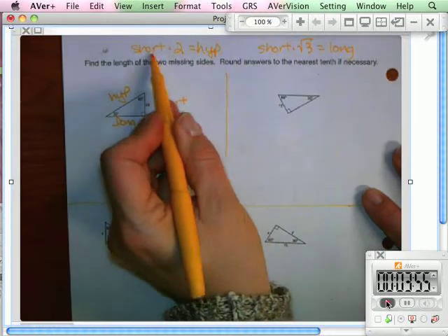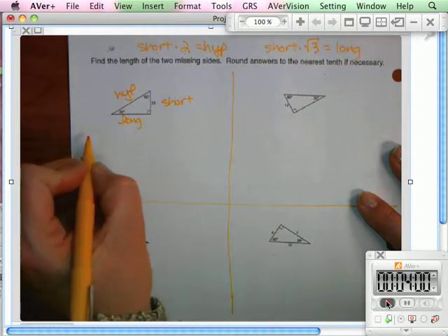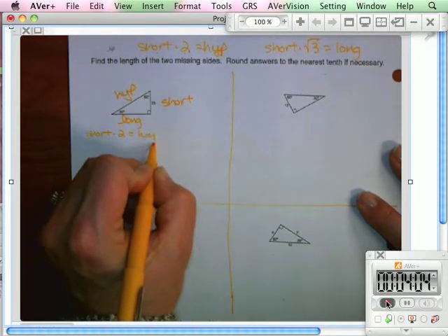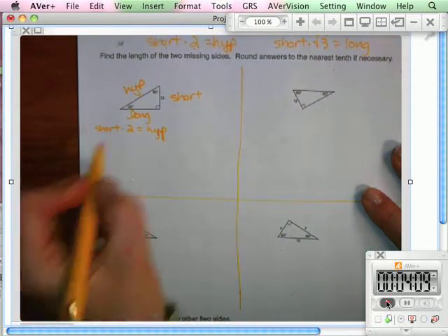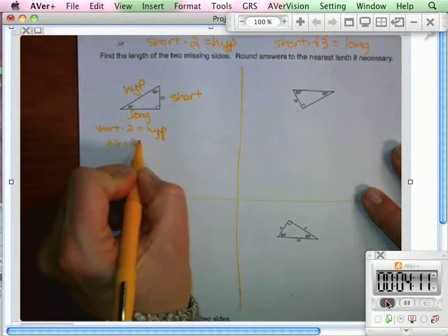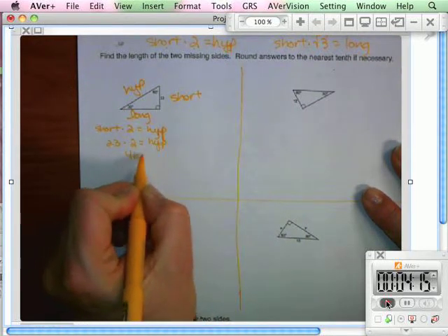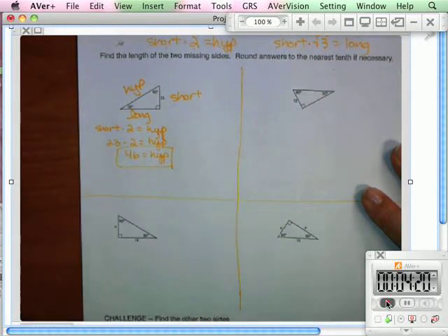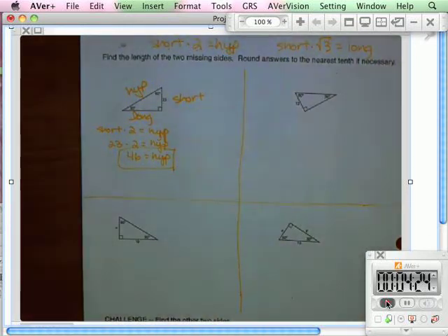Short times 2 is hypotenuse. We could have done either, it doesn't matter. So 23 times 2 equals my hypotenuse. 46 is my hypotenuse. Easy enough. Now I need to find the long.